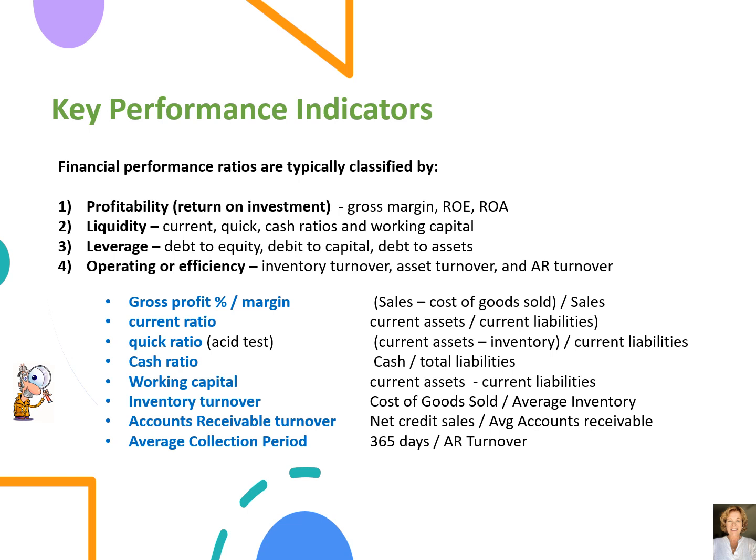And then the fourth category is operating or efficiency ratio, which includes inventory turnover, asset turnover, and AR turnover. Here's some of the most common ratios that companies use: the gross profit percentage and margin, current ratio, quick ratio, also called acid test, the cash ratio, working capital ratio, inventory turnover, accounts receivable turnover, and average collection period.